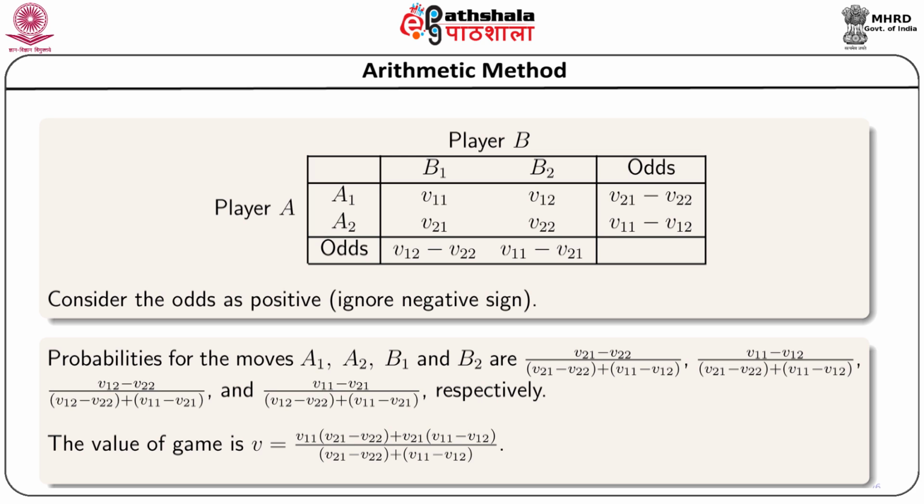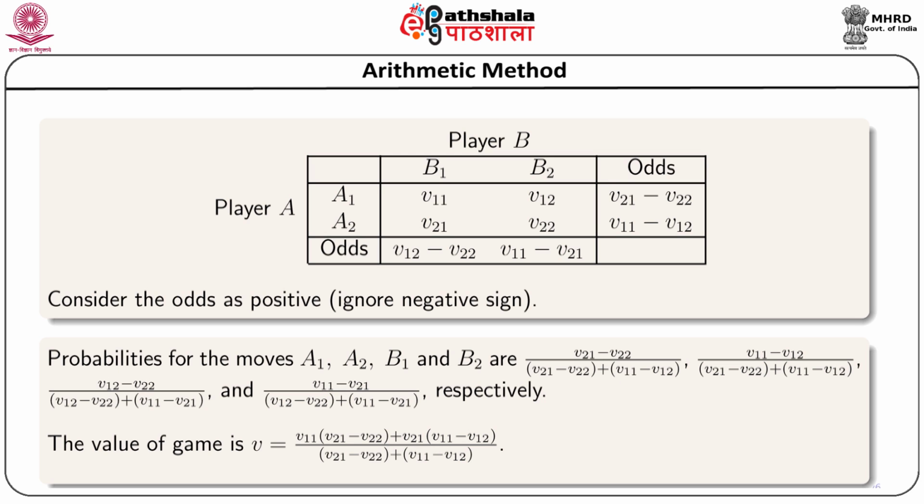This table shows the differences which can be obtained for a 2 by 2 pair matrix, and the probabilities for moves a1, a2, b1, b2 can be obtained.